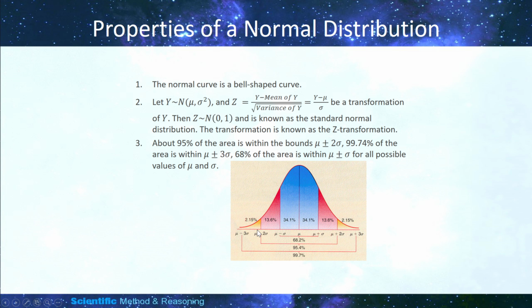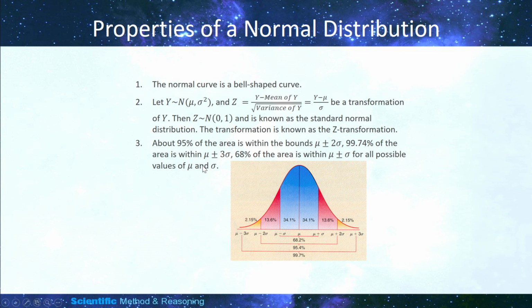Within 2 standard deviations from the mean, we have a total area of about 95%, and to be precise, that should be 95.4% for all normal distributions, irrespective of the mean and the standard deviation.